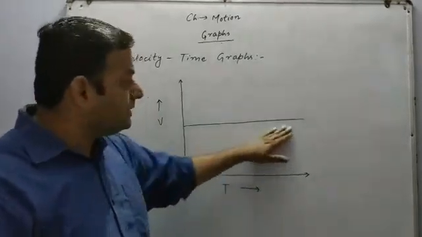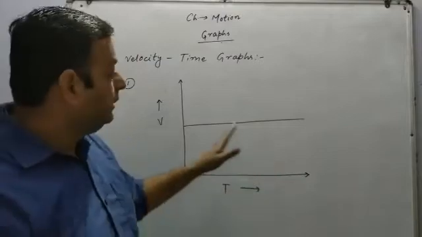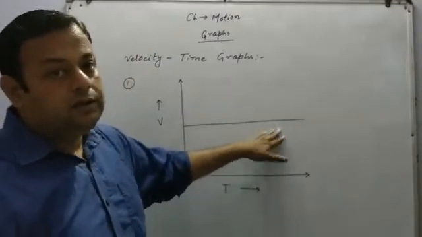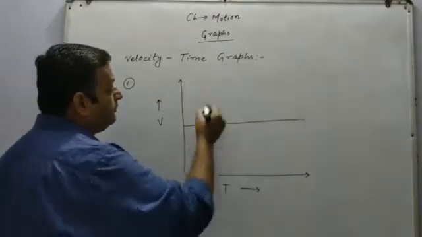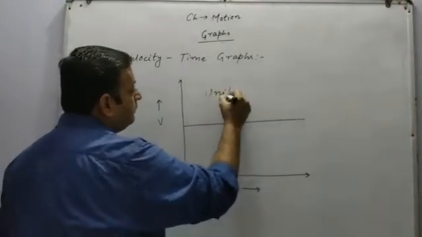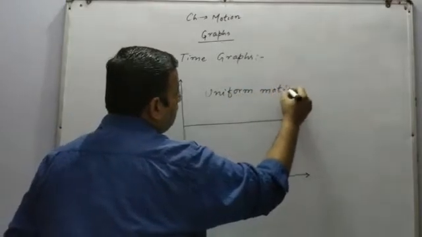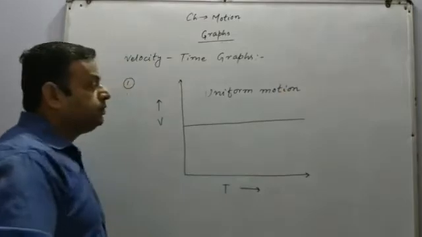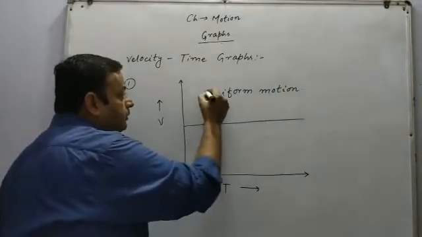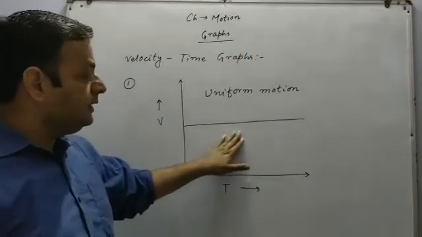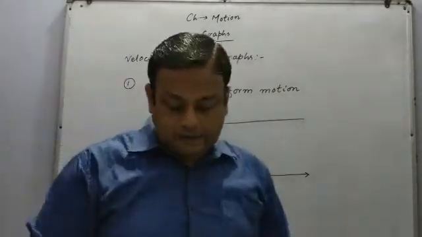So time is increasing but velocity remains constant. Neither is the velocity increasing nor is it reducing. So such type of graph represents uniform motion, in which the graph line is parallel to the x-axis.